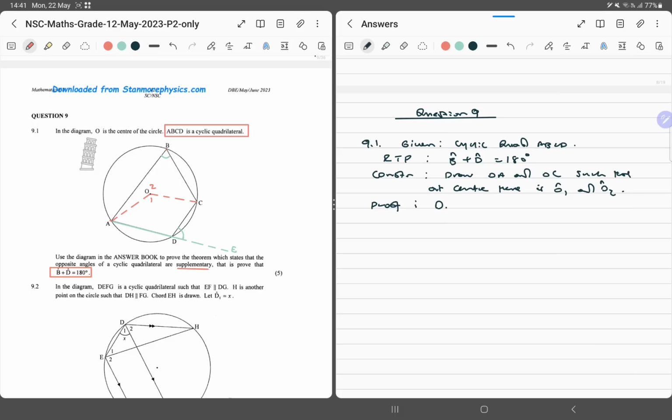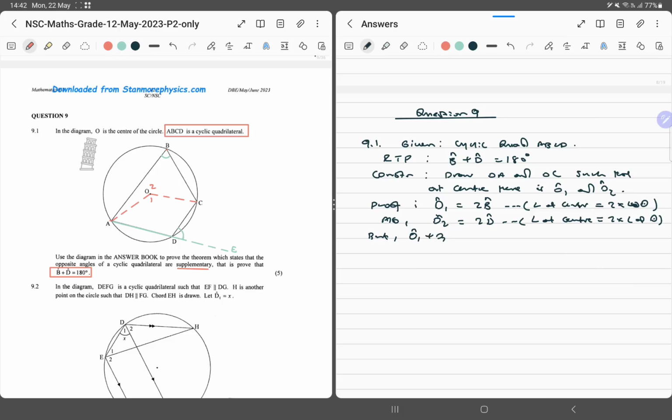We know that angle O1 is going to be twice angle B. This is angle at center equal to 2 times angle at circumference. You can say also O2 is equal to 2 times angle D. Same reason, angle at center equal to 2 times angle at circumference.